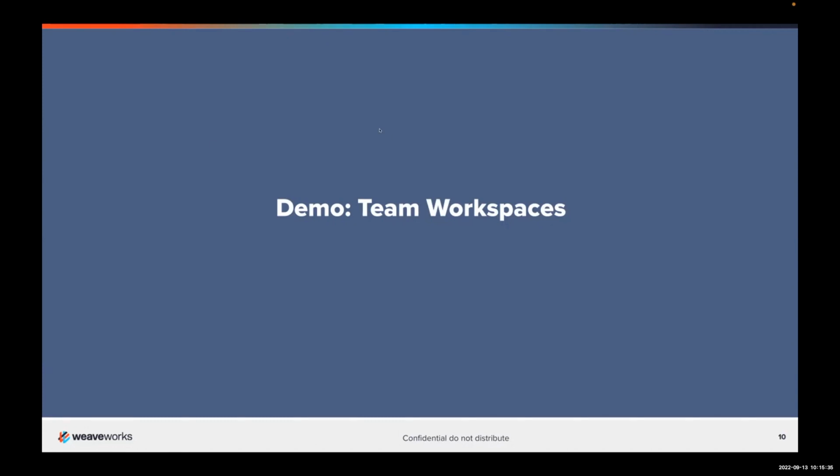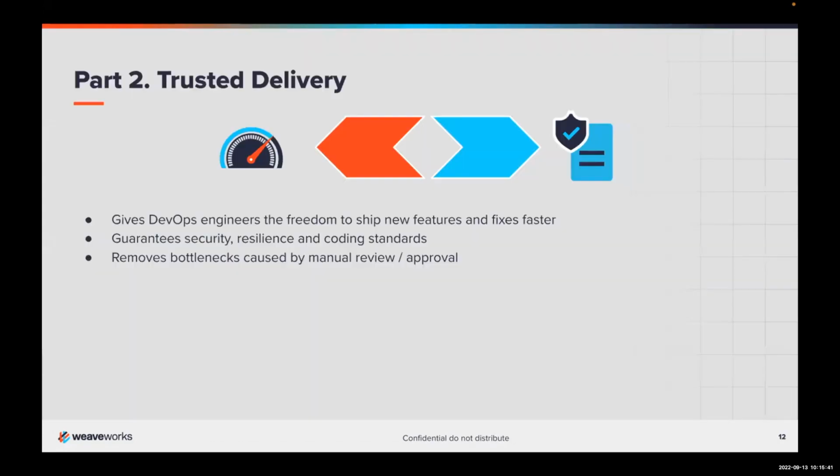So let's move on from teams to trusted delivery. The problem is we want to give our engineers freedom so that they can ship new features and fixes quickly. But we don't want to give them total freedom because people make typos, people maybe don't follow policy, so we want to keep them in check.